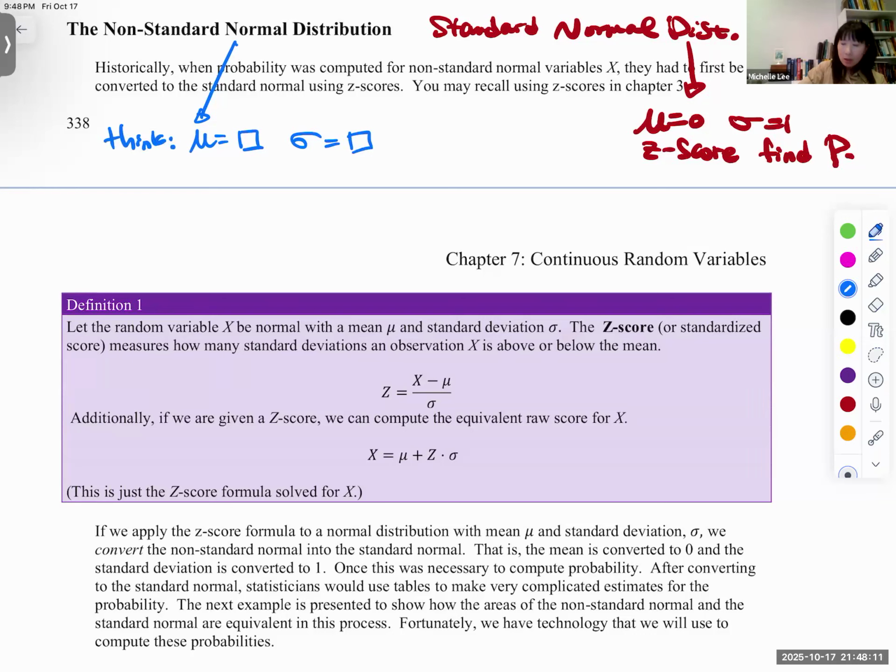And then we are finding x values, or given x, find the probability, or given probability, find the x value like that. So we can switch over. In this case, we can switch over too, right? All right, so let's take a look.